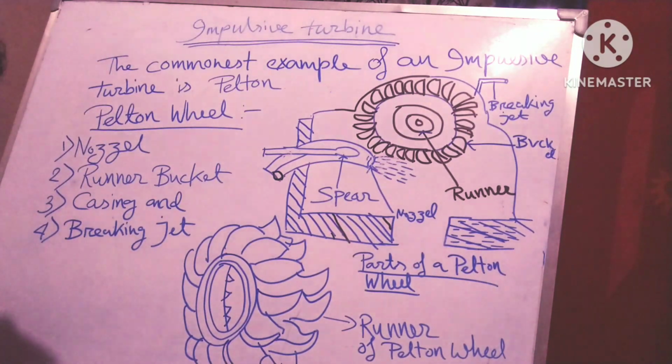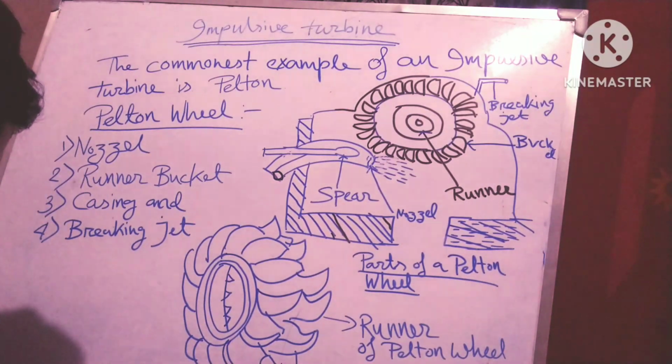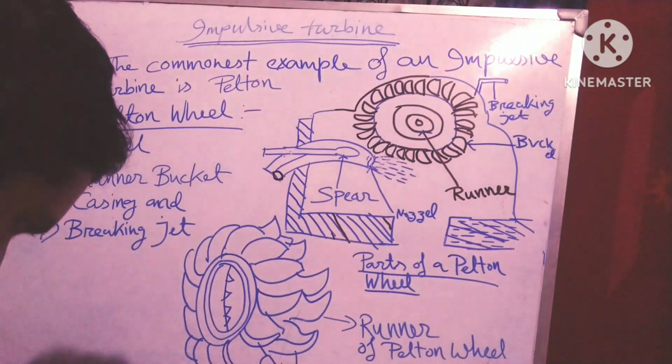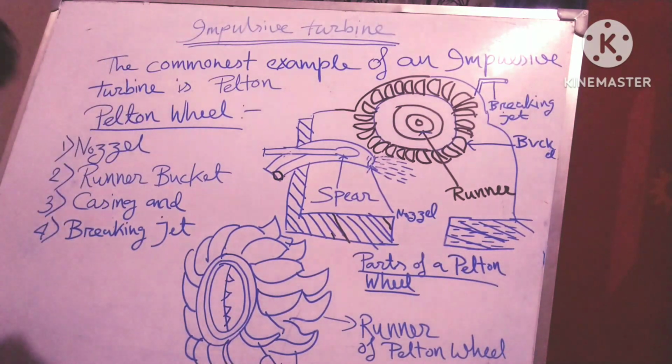In an impulse turbine, the water from a dam is made to flow through a pipeline, then through a guide mechanism, and finally through the nozzle. In such a process, the entire available energy of the water is converted into kinetic energy by passing it through the nozzle.